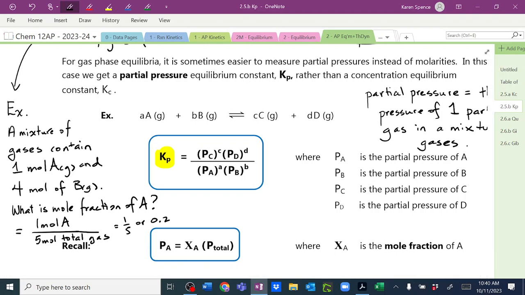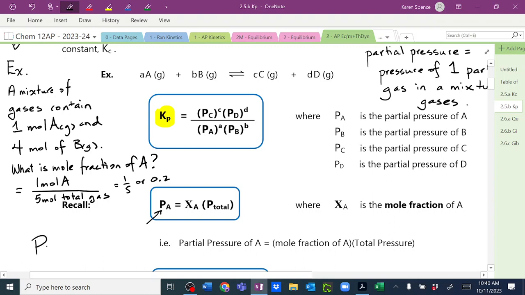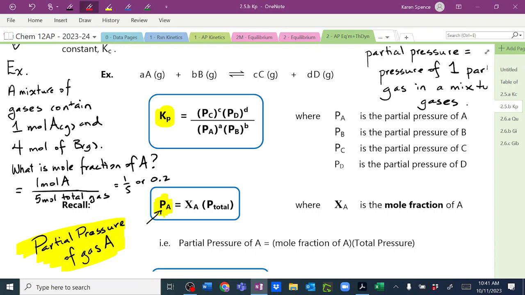Partial pressure of gas A is equal to, what does that thing stand for?